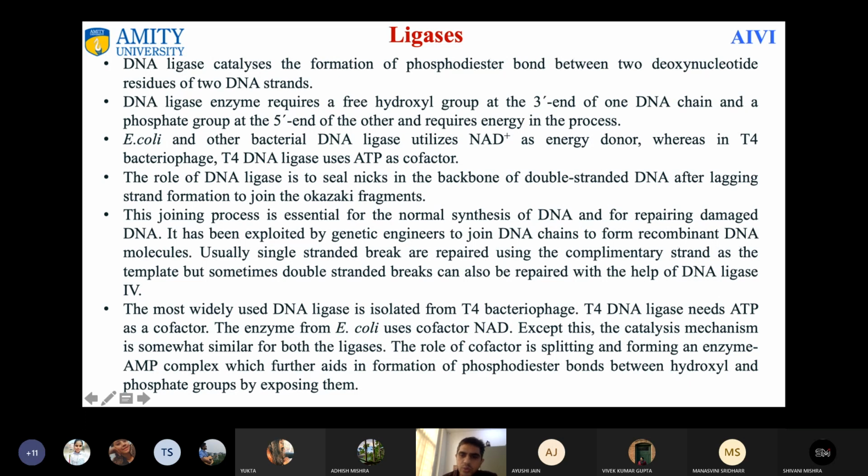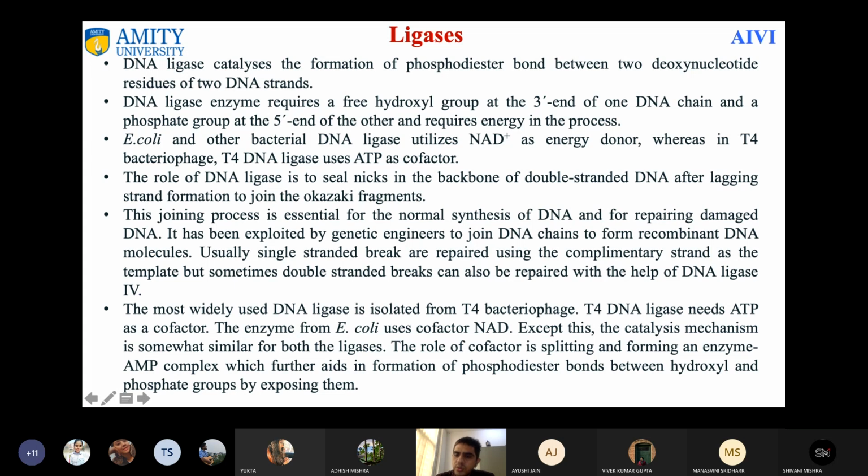Okay, so the most widely used ligase is going to be T4 bacteriophage ligase. So the enzyme that we are going to use in our laboratory is going to be T4 bacteriophage DNA ligase, or simply we call it the T4 DNA ligase. What are its requirements? Its requirement is ATP as a cofactor, whereas the enzyme that you get from E. coli uses NAD as a cofactor.